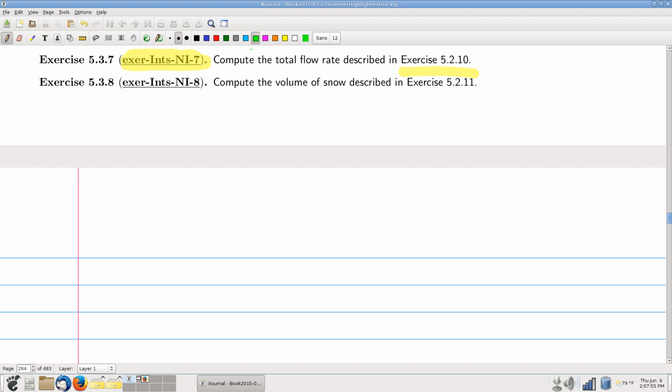The canal is 50 feet wide, 10 feet deep, so x and y go from 0 to 50 and 10 respectively. Okay, so we have integral dx from 0 to 50 and integral dy from 0 to 10.